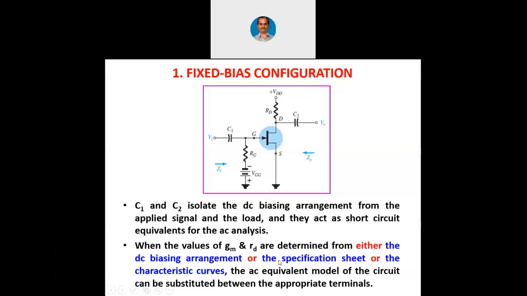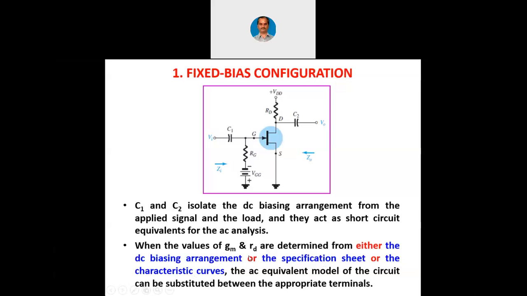If the manufacturer gives the specification sheet, we can get GM and RD from it. Or else, from the DC biasing arrangement itself, we can deduce GM and RD by using DC analysis. Or else, we can also get them from the characteristic curves by measuring the slope. So we have three methods now. We had already seen the mathematical definition of GM and the mathematical definition of RD.